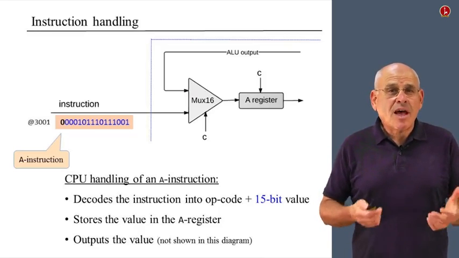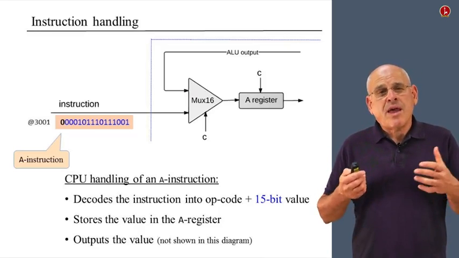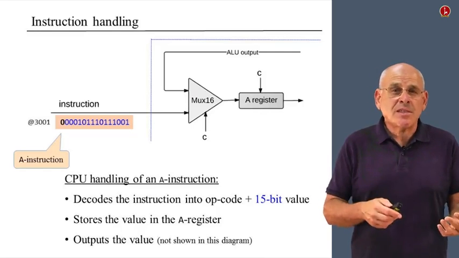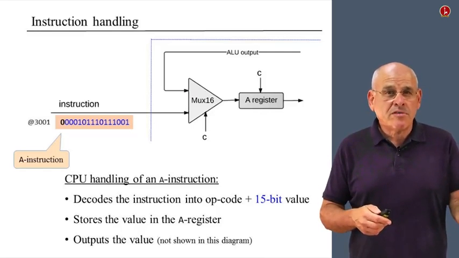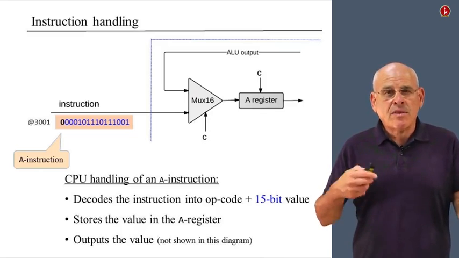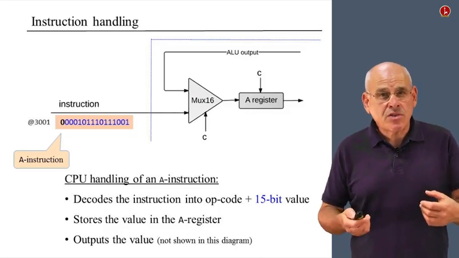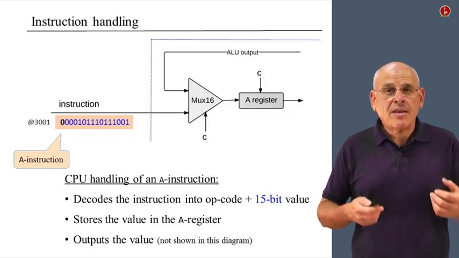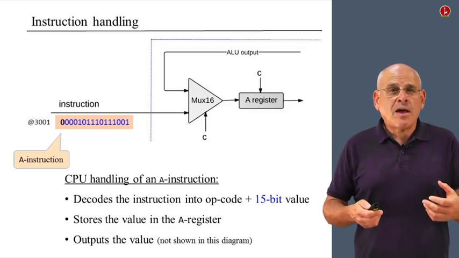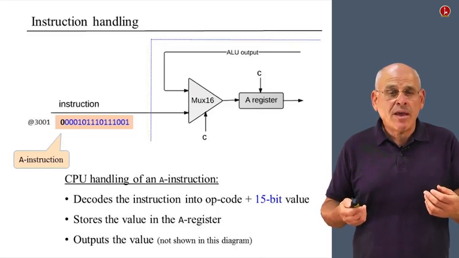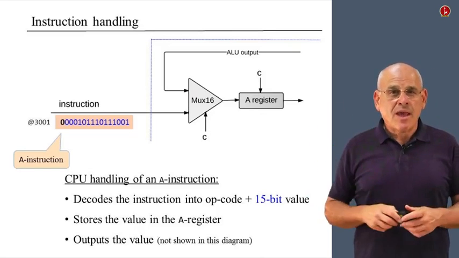Now, you may have guessed how we do it. We know that in different situations, we deal with 2 different instructions. In some cases, it's an A instruction with an opcode of 0, and in this case, we want the input to come from the instruction. In other cases, it's a C instruction with an opcode of 1, and in this case, we want to route the input of the A register in such a way that the input will come from the ALU.